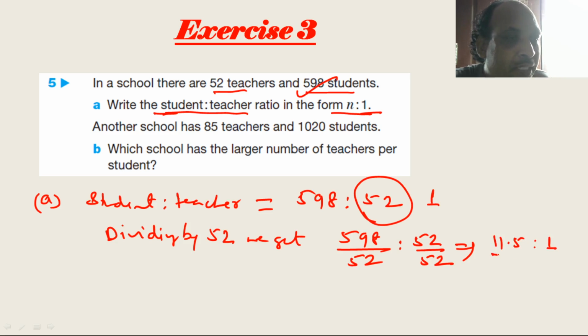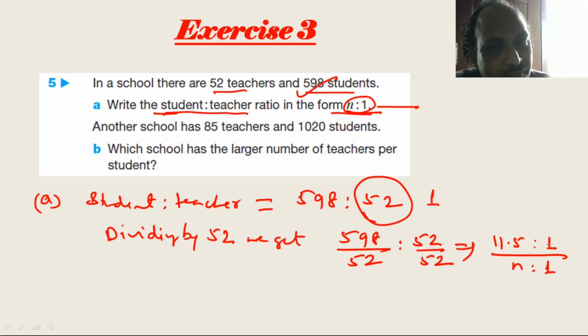So now it is being converted in the ratio n is to 1, what is being asked in the question. Okay. So in this particular school, for 11.5 students, there used to be one teacher. Okay. Next one.